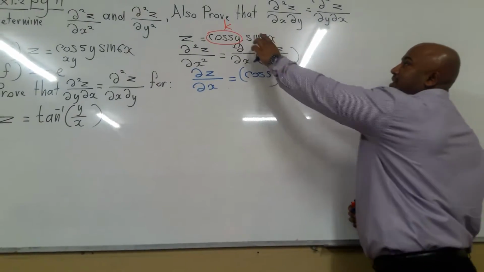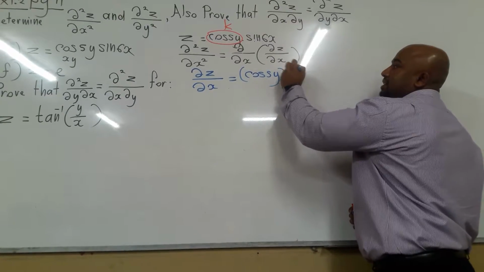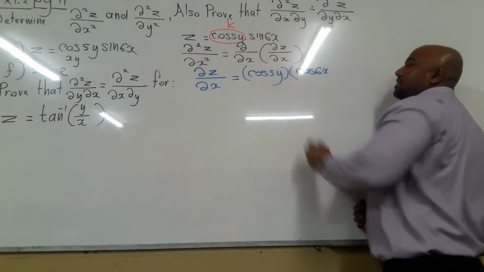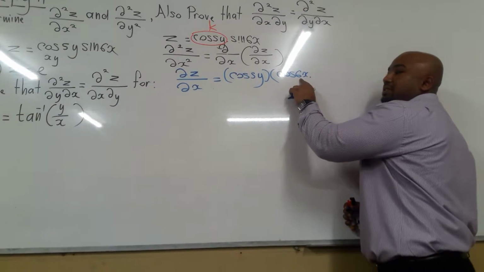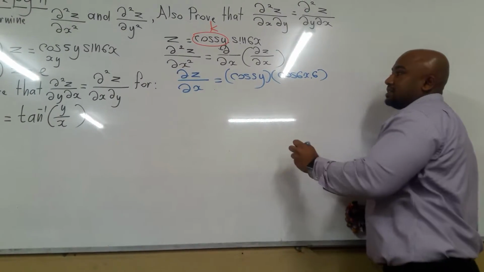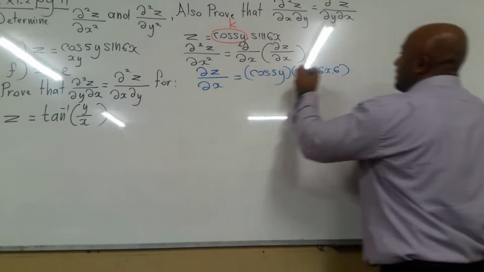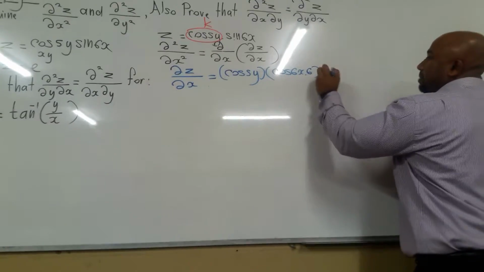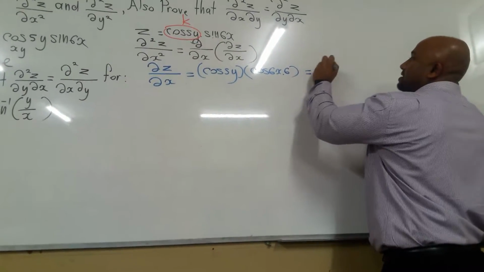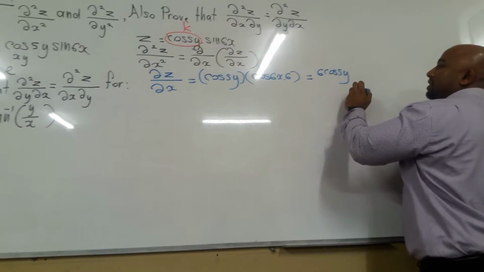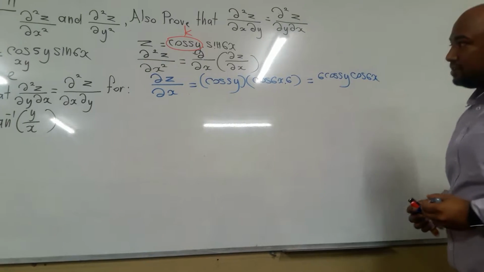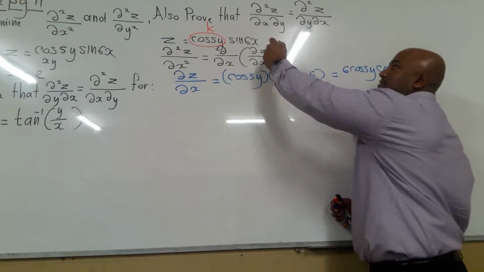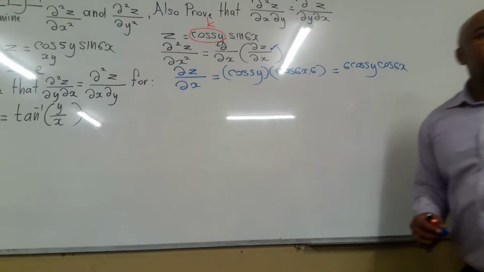What is the derivative of sine 6x? It's going to be cos of 6x. Am I done there? Times the derivative of 6x, which is 6. Right, so if I simplify this, this will be just 6 cos 5y times cos 6x. So what did I do? I just found dz over dx.